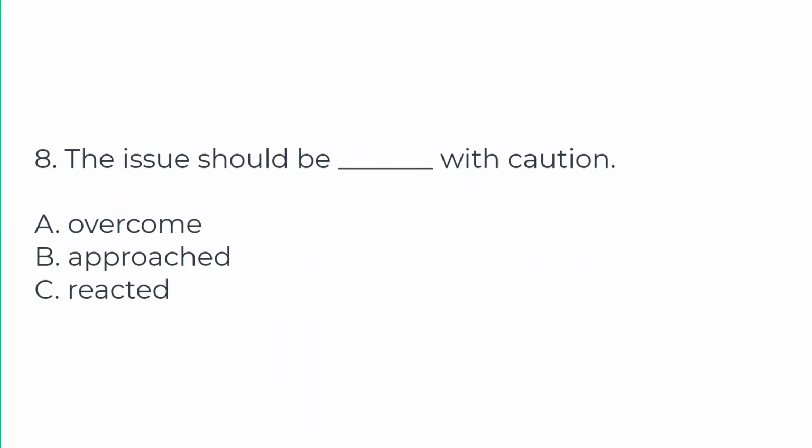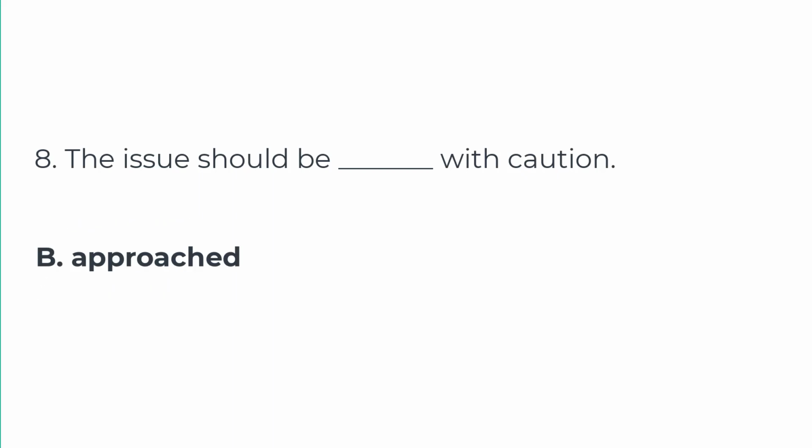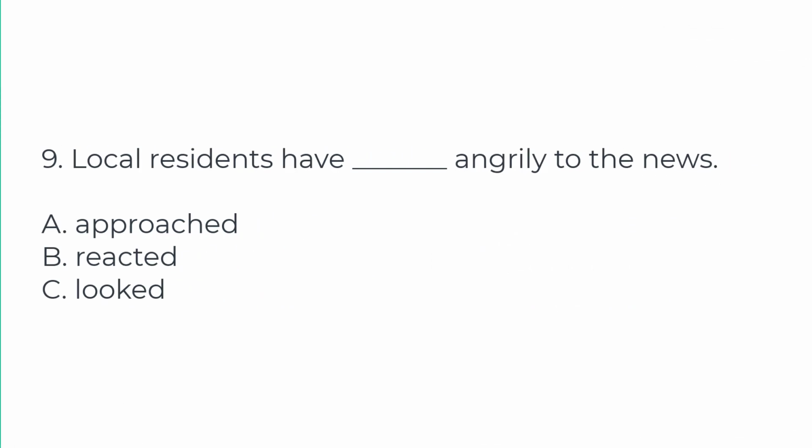Question number 8. The issue should be with caution. Pause the video if you need more time, and the correct answer is the issue should be approached with caution. Question number 9. Local residents have angrily to the news.